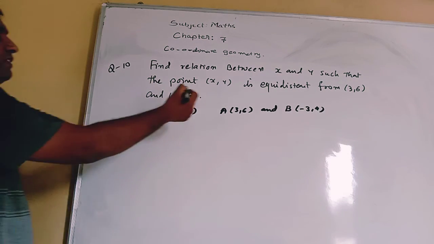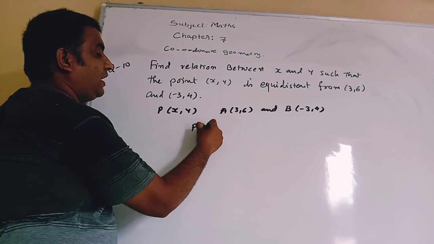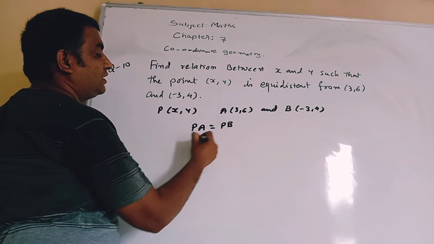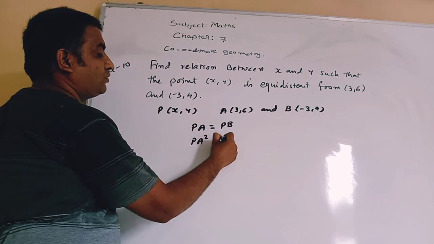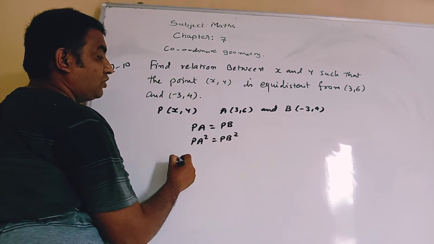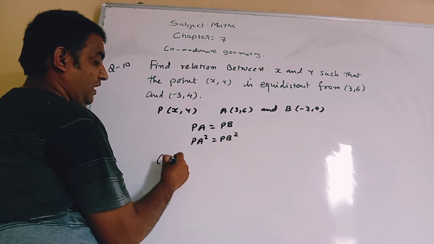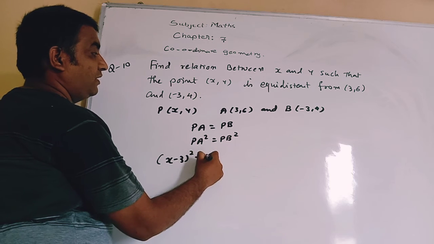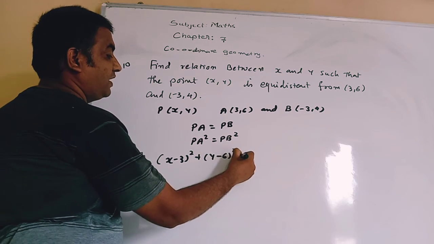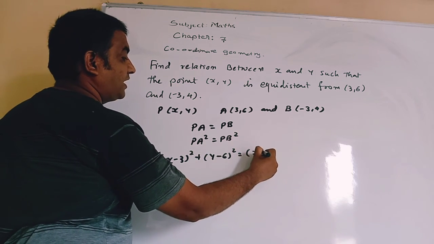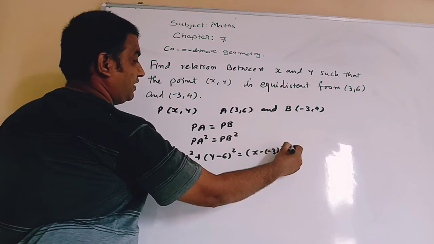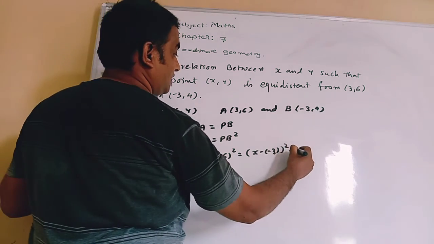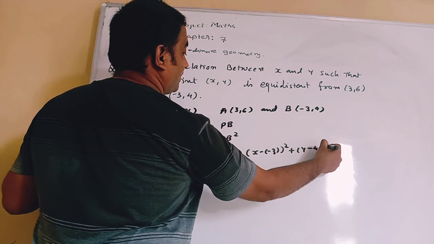So P is equidistant from A and B, so PA equals PB. So PA square equals PB square, and so it is (x - 3) square plus (y - 6) square equals (x - (-3)) square plus (y - 4) square.